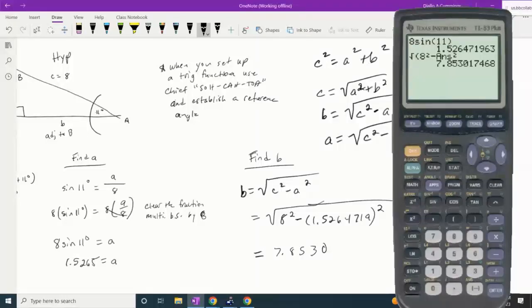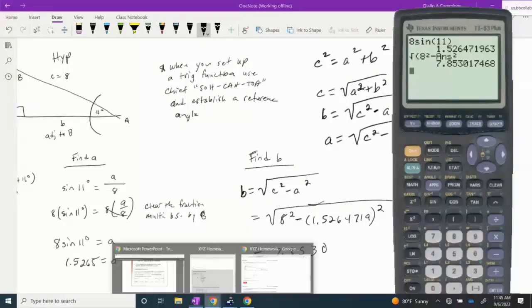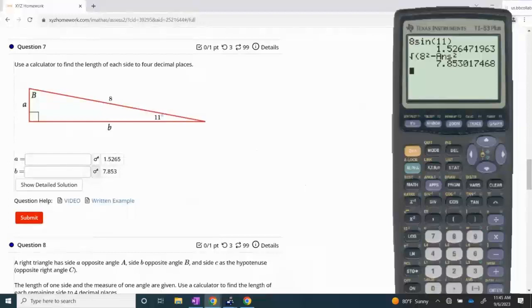All right, so A was 1.5265 and B was 7.853.